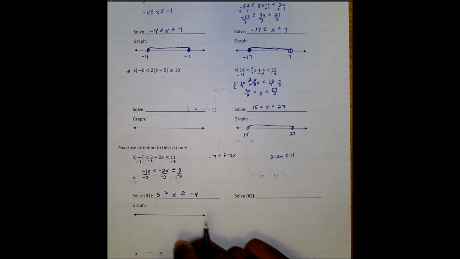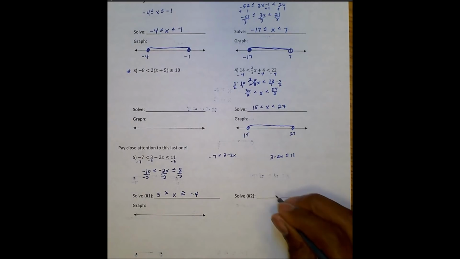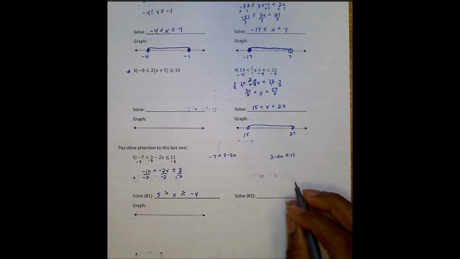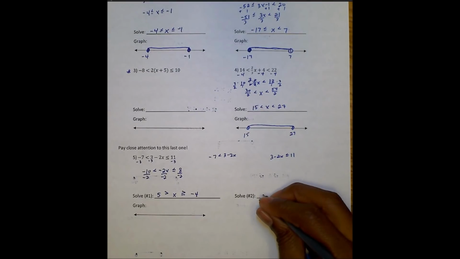However you do it, you'll be solving both. So you could say this way as a compound inequality, but if you solve these individually, you get the same answer. And you could say x is less than 5 and x is greater than or equal to negative 4.